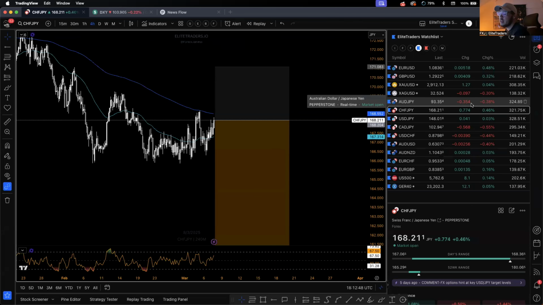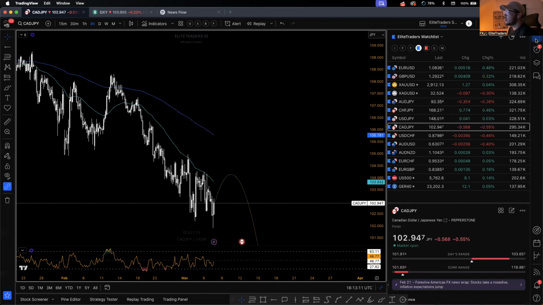The interest rate by the Swiss National Bank is 0.5. Same thing with the Bank of Japan, it's 0.5. So if we're selling dollar yen, we're going to be paying a lot more in swaps. Whereas if we short Swiss yen, we're essentially not paying anything because the interest rates are 0.5 for both central banks. So all you'd really be paying is your broker fees, not necessarily the swap fees due to the interest rates. So that's just a side note for you to keep in mind.